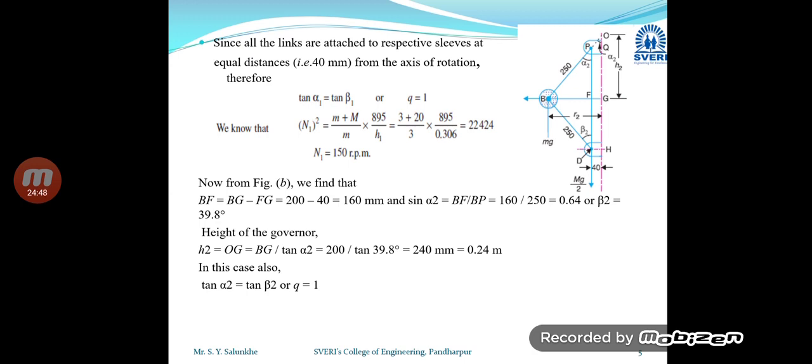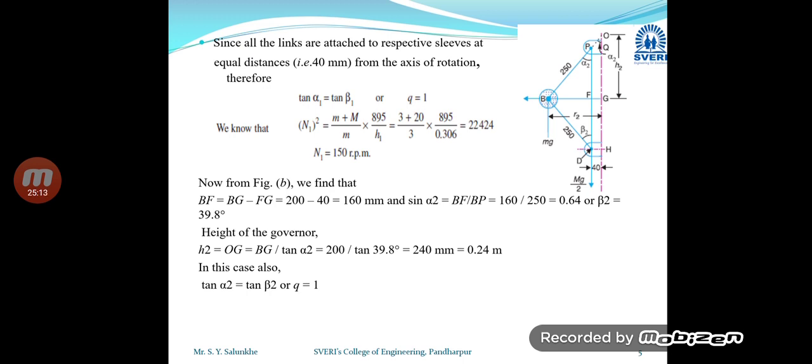If we take the sine inverse, we will get the value of alpha 2, or beta 2 also the same way. So it is 39.8 degree. This 39.8 degree we are now going to use in triangle BOG. In the case of triangle BOG, we have to find the H2 distance, that is the OG distance.